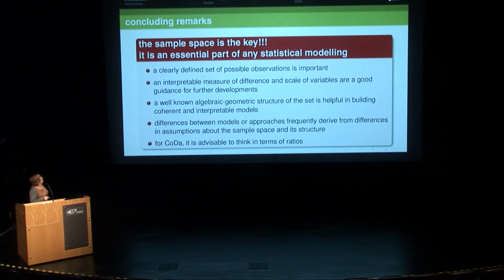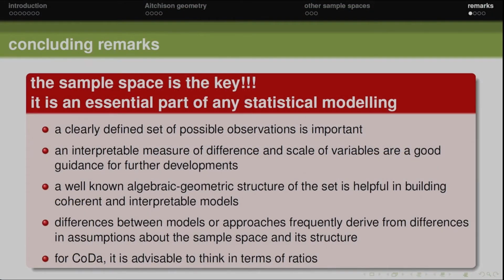And this is the essential part of the talk. I would like to insist, don't forget the sample space when you have data. Analyze which is the sample space, which is the reasonable structure. Are the methods you're going to apply designed for that sample space, compatible with the operations in that sample space?